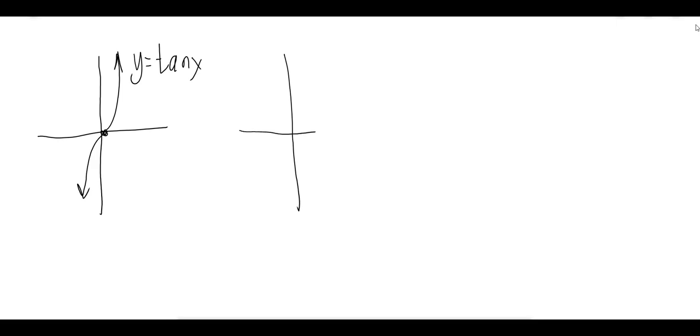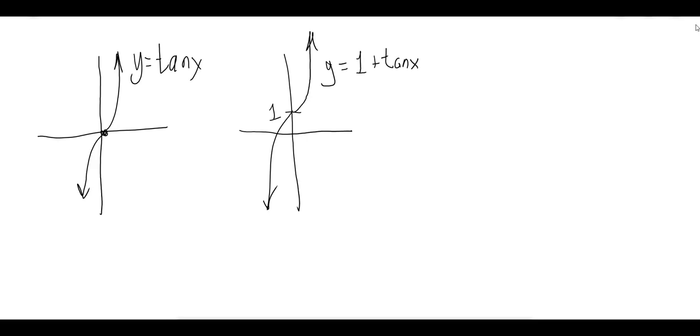Looking at a period of tangents, that'll look like this. And here's, just write this, y is equal to tangent of x. And at this point for each of the periods, that's where the graph is at 0. And then if I shift the graph up 1, this would be the graph of y is equal to 1 plus tangent of x.